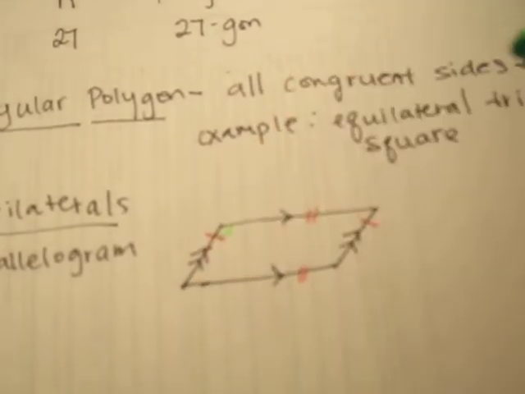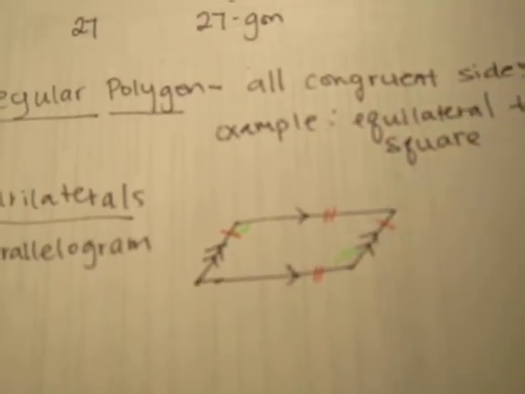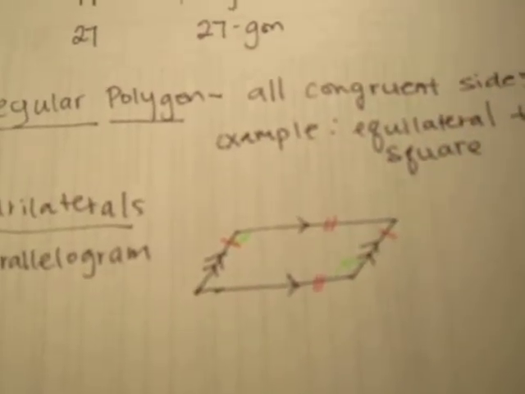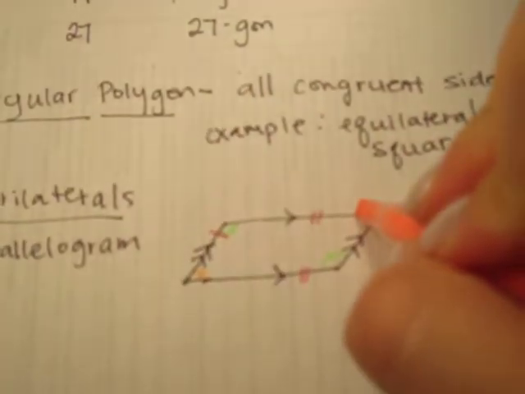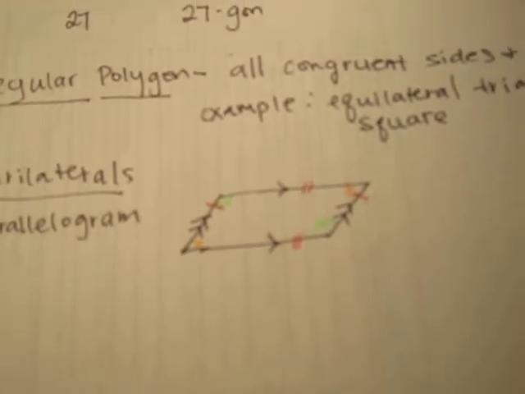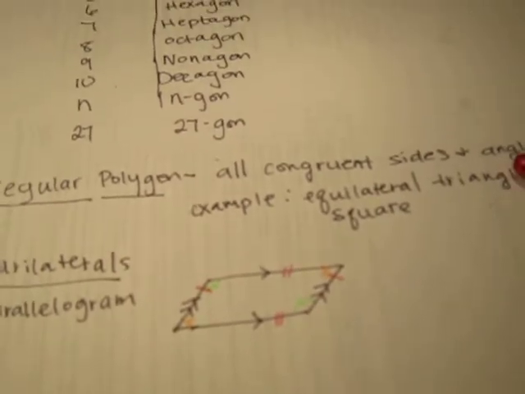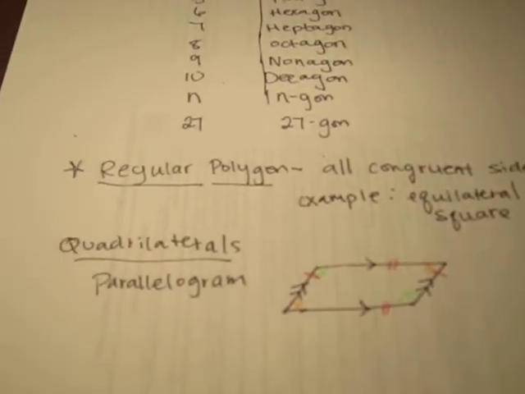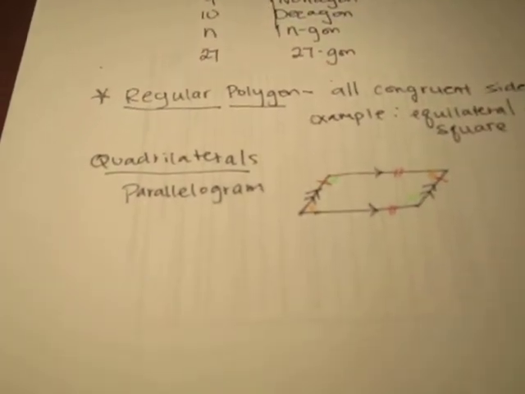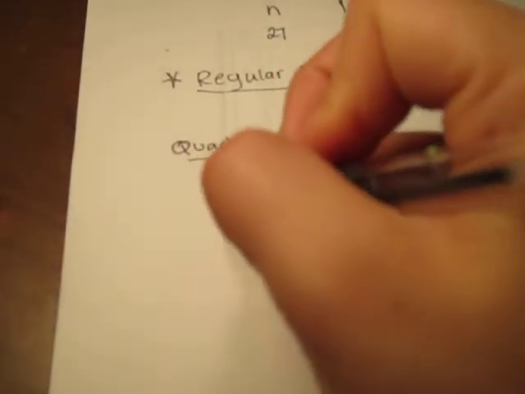And that's congruent with this angle right here. And this angle here is congruent with this angle here. Sorry if it's hard to see. I just put tick marks in the angle markings to show that those angles are congruent. So we'll leave it at that. A rectangle then is our next step.